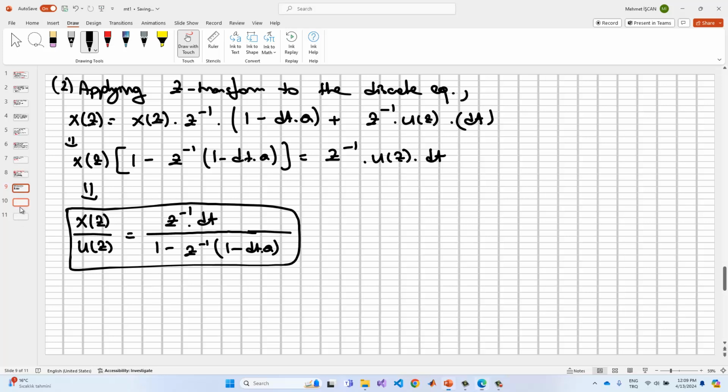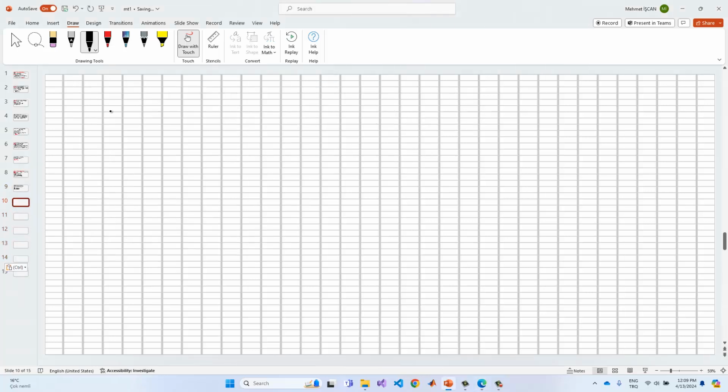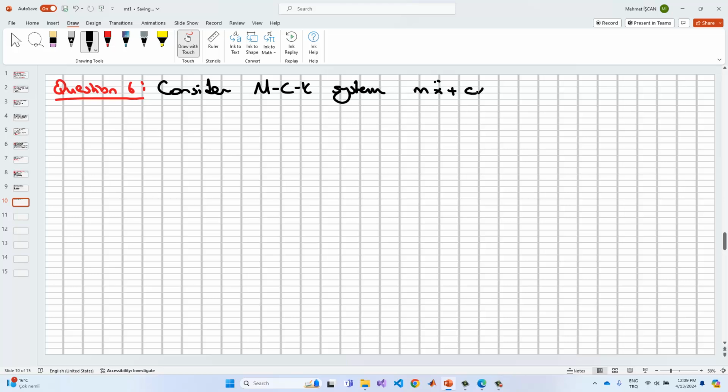So in the next question we will solve a more complex equation, question 6. Okay, consider the MCK mass spring damper system with the form of M x double dot plus C x dot plus K x equals U, with the parameters M equals 1, C equals 3, K equals 2.